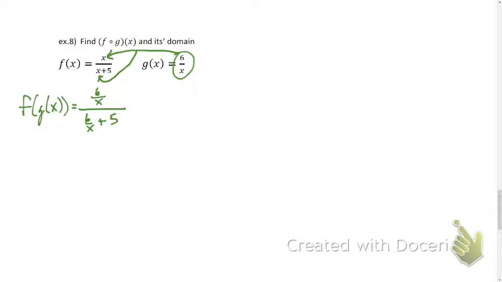Now, when you work this, I would leave the numerator alone at first. I would just focus on the denominator because we need to combine those 2 terms. So on the side, let's talk about that. How do I combine those? I need a common denominator, so maybe start by putting 5 over 1.